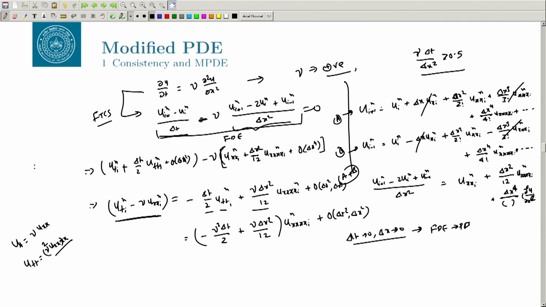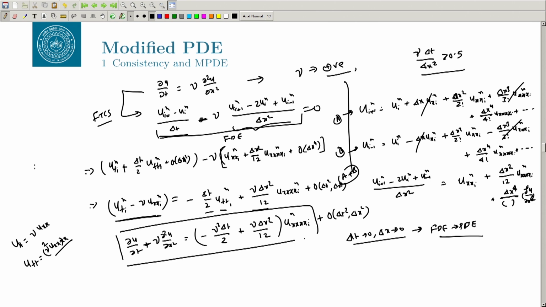So, your FDE goes to the PDE. So, it is a consistent scheme, right, and this is your MPDE, okay: del u by del t minus nu del square u by del x square is equal to this. You can take away the i and n here, okay. Now, you can see one interesting thing.